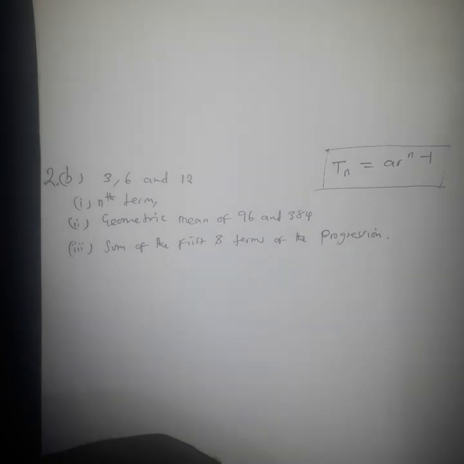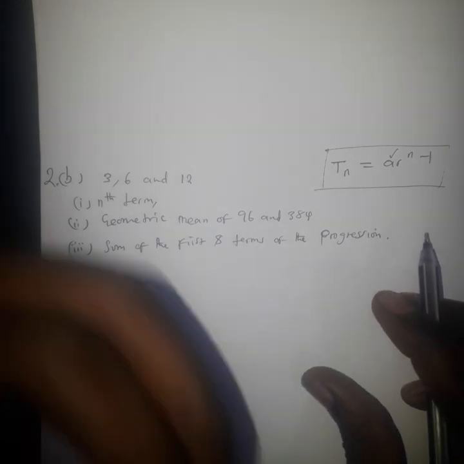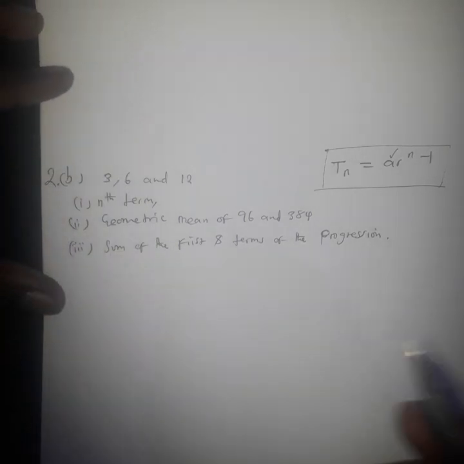And before we can come up with the formula for the nth term, we need to ask ourselves if we have the first term from the given series of numbers and the common ratio, then we can substitute. So in order for us to find the nth term, we can begin by identifying the first term.